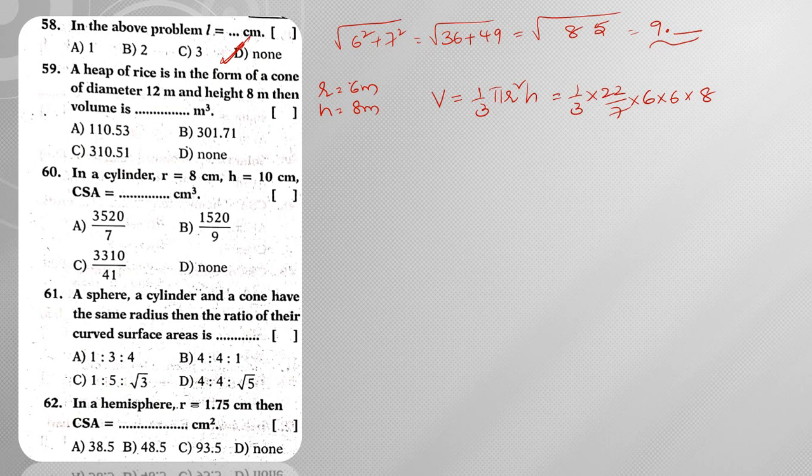Now simplification: 3 twos are 6. Now this 7 is nearly cancelling one time. So 22 into 12 is nearly 264, but we don't have 264 here.